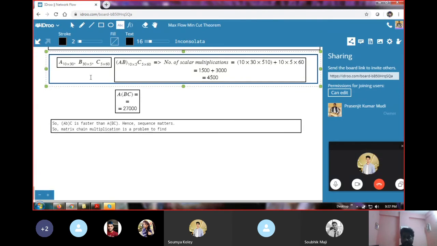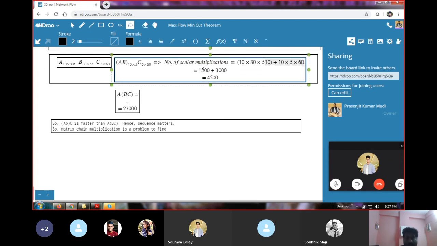Okay, this is nothing but the ABC. So while computing ABC, where AB is computed first, then the resultant matrix is multiplied with C, we want to find the total number of scalar multiplications.